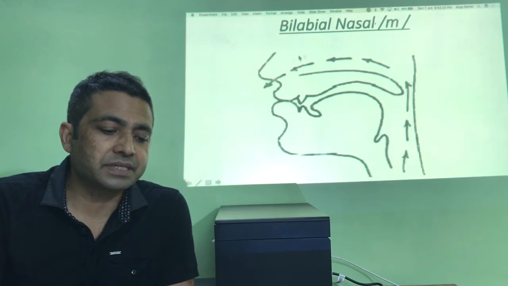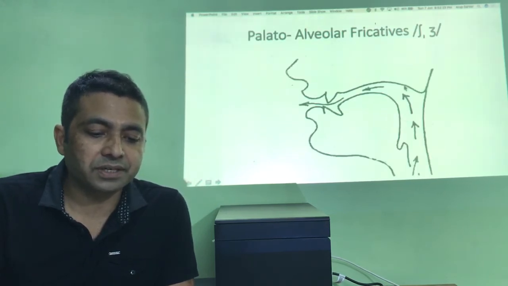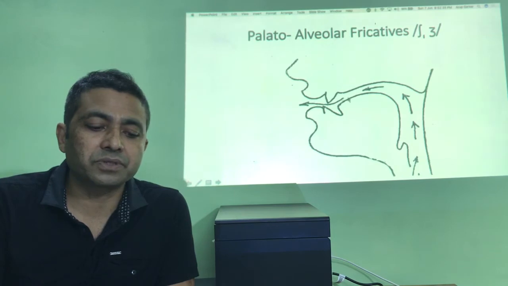So this sound is nasal. But in the case of the other oral sounds, you can see here that the velum is closing the nasal passage, so air only comes through the mouth. So these are oral sounds.